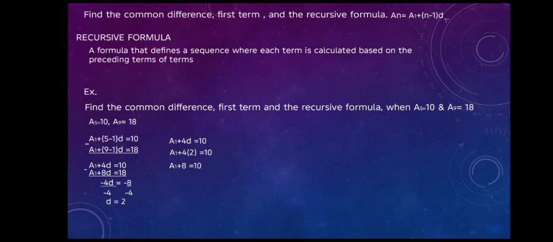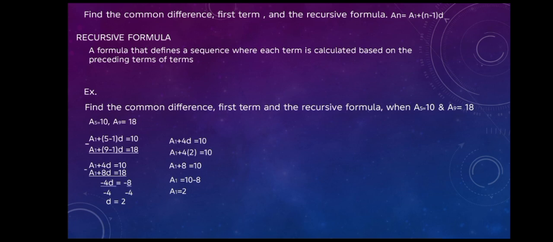A sub 1 plus 8 equals 10. Tapos, na-transpose natin yung 8 doon sa tabi ng 10 para a sub 1 na lang yung matira. So, magiging a sub 1 equals 10 minus 8. Since nag-transpose tayo, yung sign ng 8 is magiging negative from positive to negative. Simplify. A sub 1 is equal to 2. May a sub 1 na tayo at saka common difference.